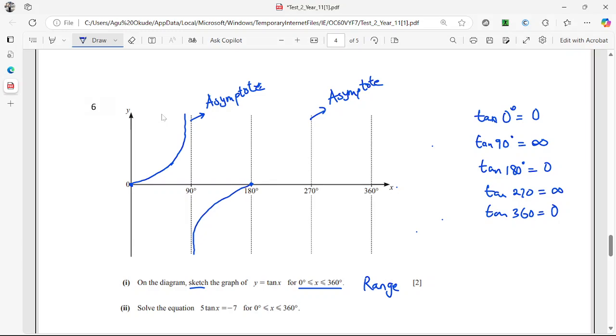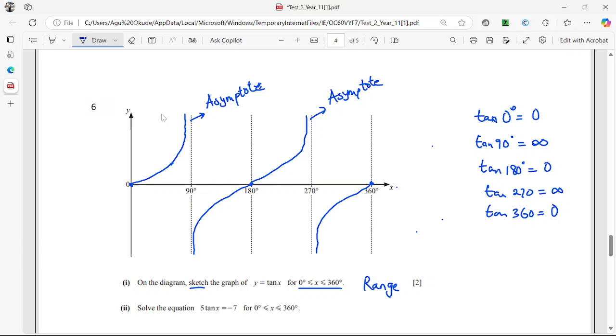Then 270 is also undefined, so from here it again increases towards infinity, like this. Now tan 360 is 0, so mark the point like this. Same thing happens here. My tangent graph is coming back from negative infinity and passes through that point, so you stop there.